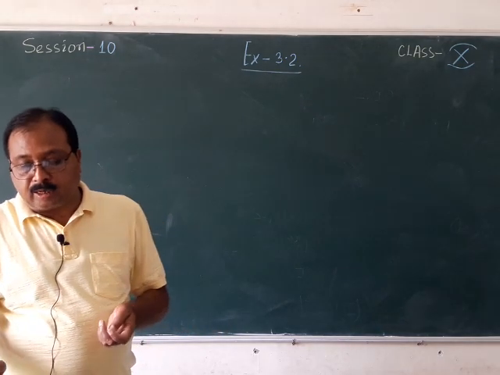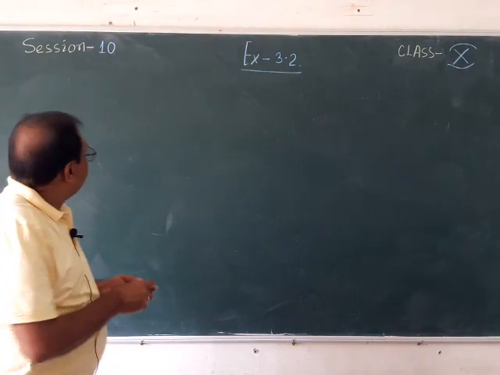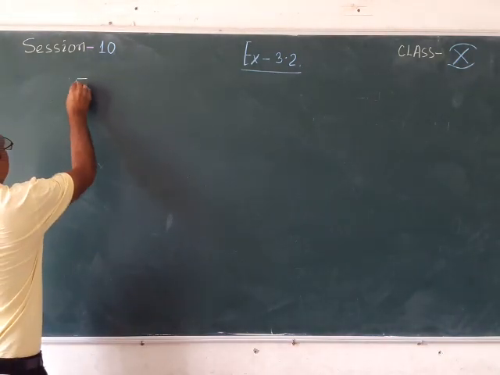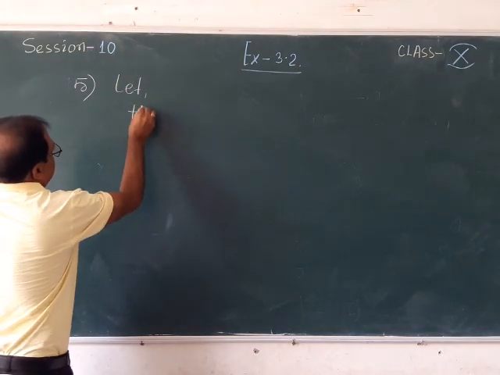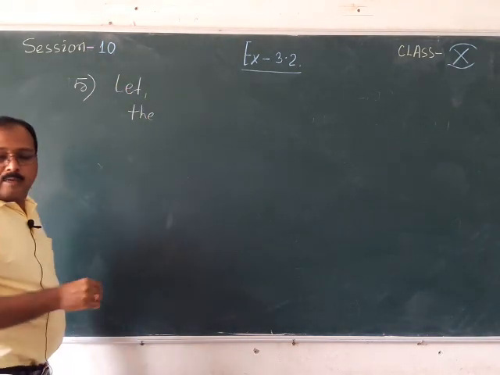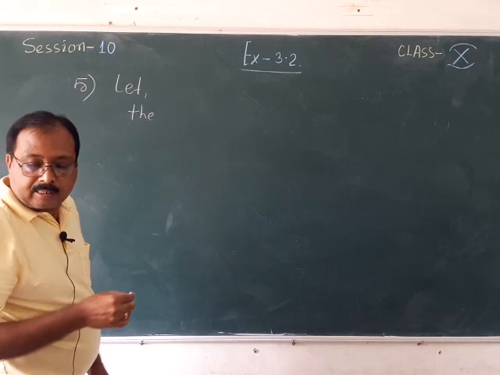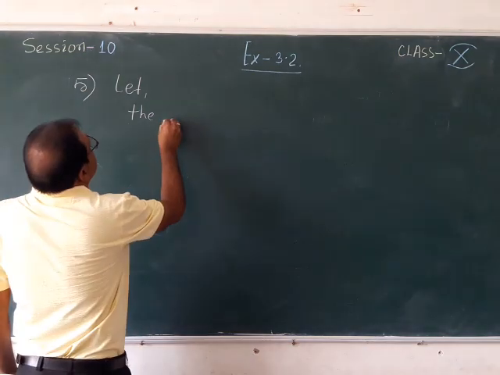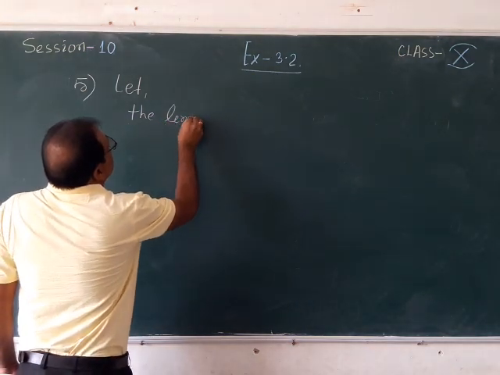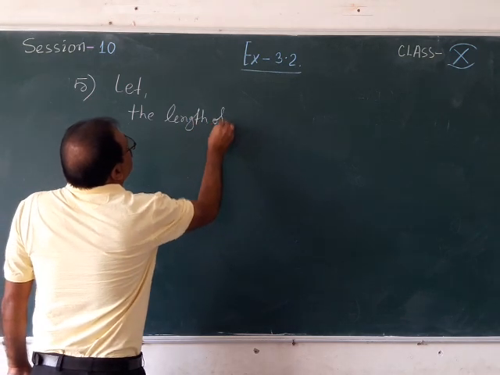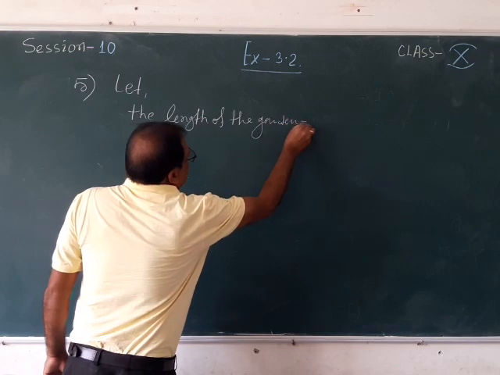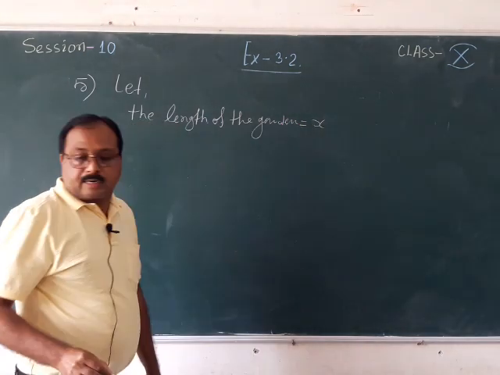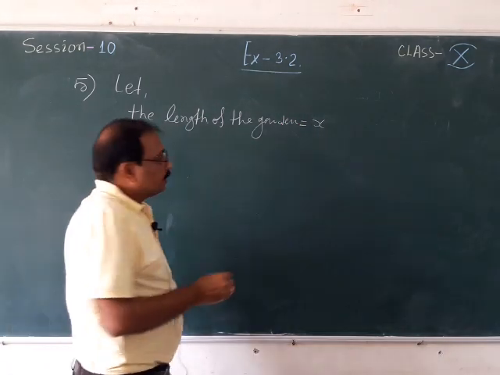So, let the length of the garden be x meter. At first I am going to frame the equation. So let the length of the garden be x meter.